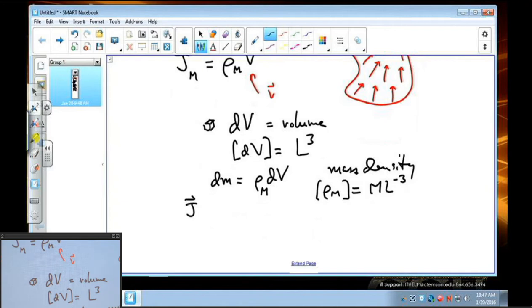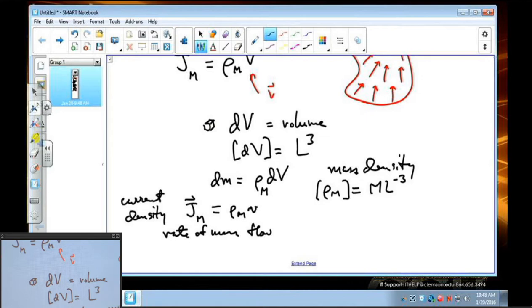Okay, so this current density is a vector that describes how much mass is flowing. And what is the rate of mass flow? How much mass is flowing associated with that little volume. You have the velocity of it and the measure of the mass, so it's a rate of mass flow. And remember it's the mass density times the velocity.